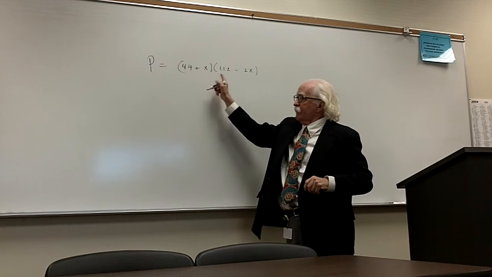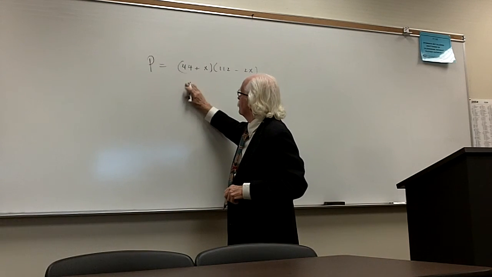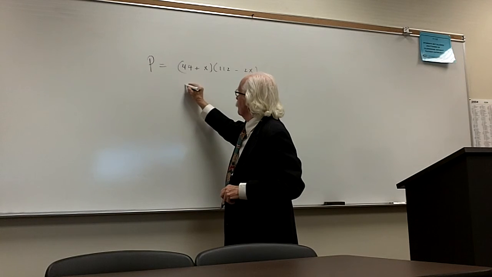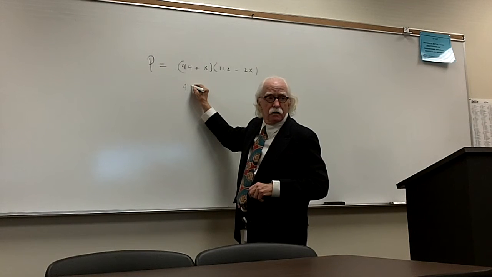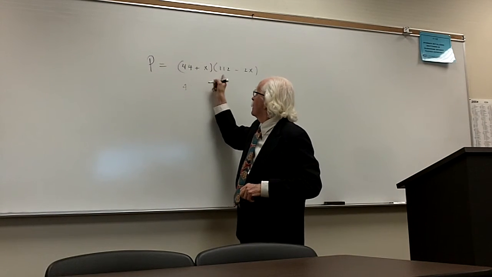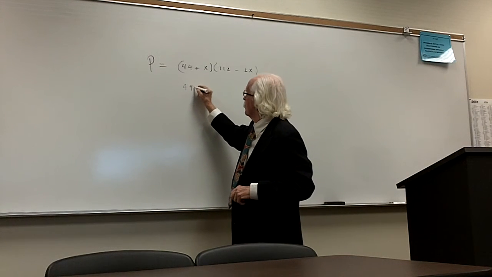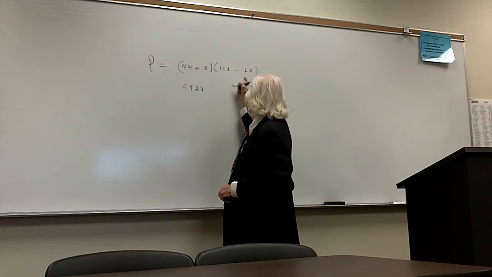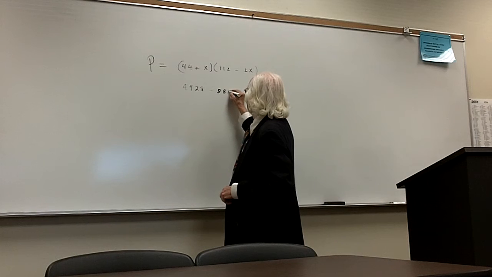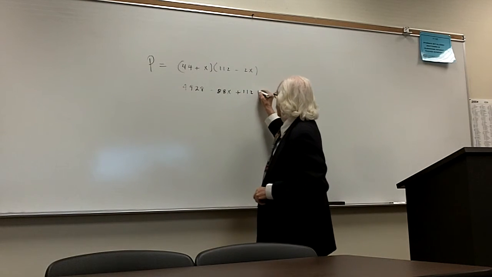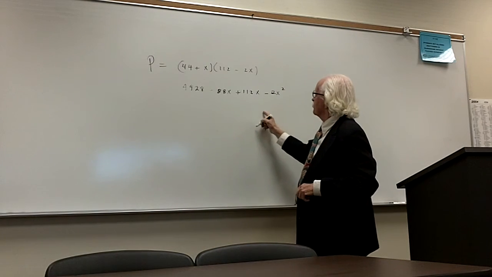So, I think this is how much here, 4,928. This time this is still going to be minus 88, plus 112x, minus 2x squared.